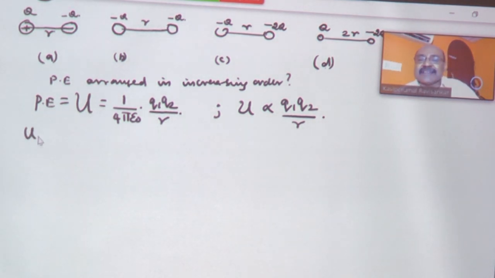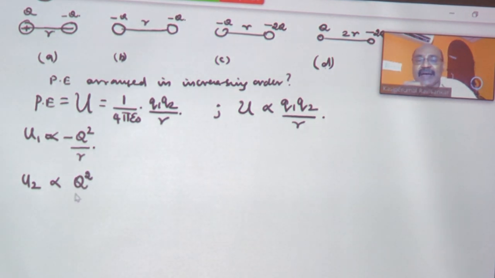For the first case, epsilon 1 is proportional to, leaving the constant, q and minus q, so you get minus q square divided by r. Similarly, epsilon 2: minus q multiplied by minus q gives plus q square divided by r.